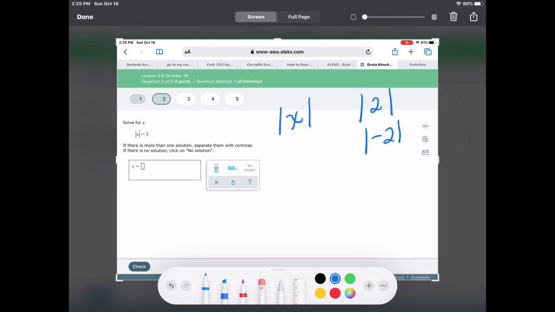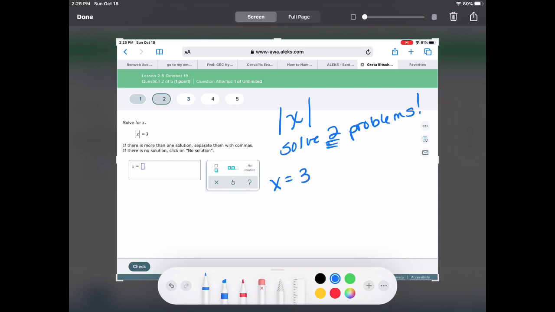Notice that if I have the absolute value of 2, the absolute value of -2, both of those equal 2, right? So in this problem, I can think of it like this, as two problems.